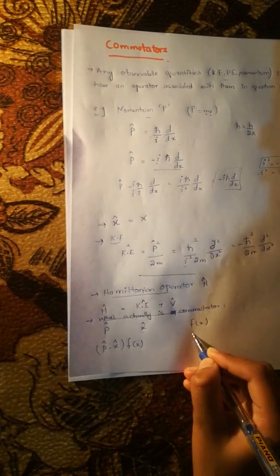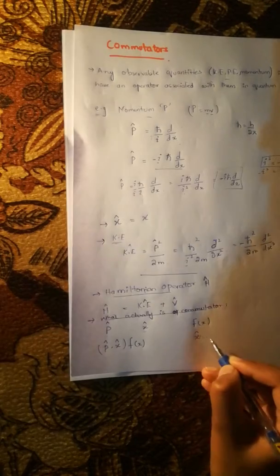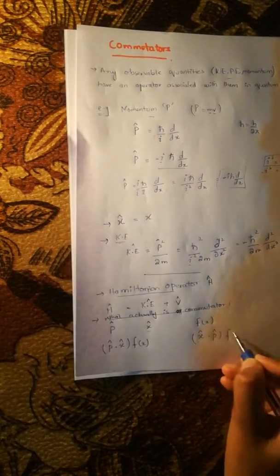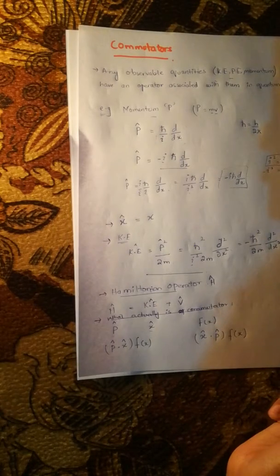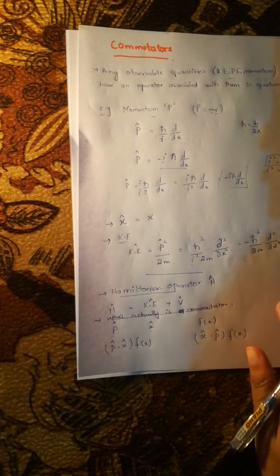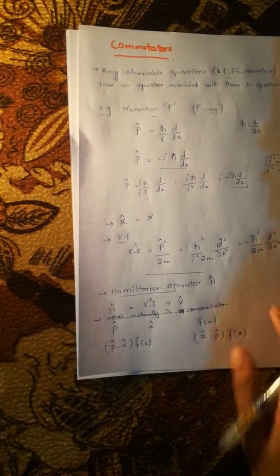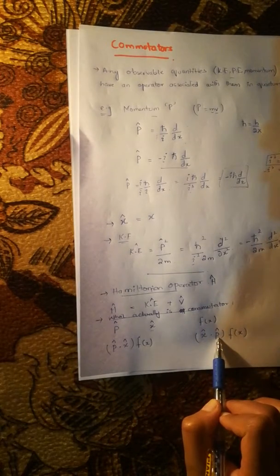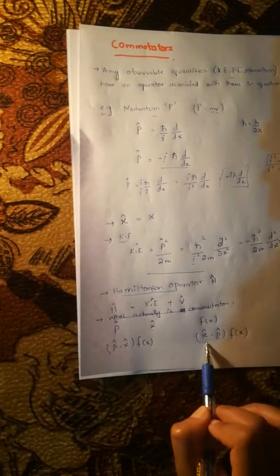If I write the position operator first and the momentum operator after, acting on function of x, we have just changed the position of the operators. Now we will solve these operators.